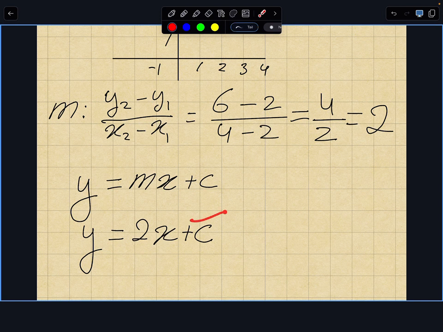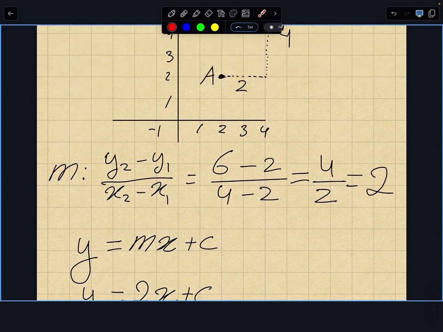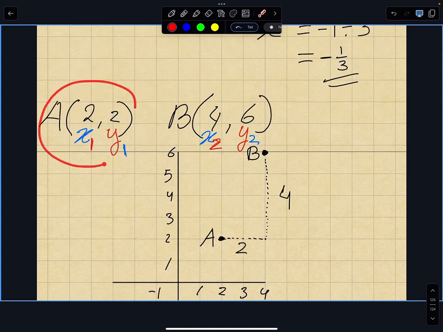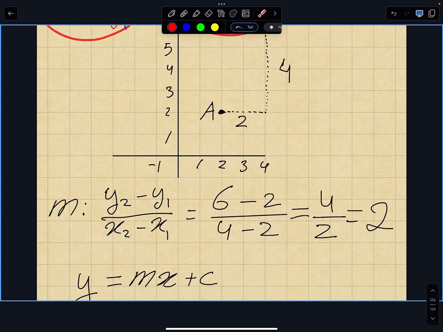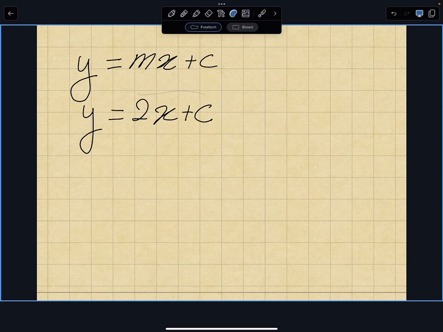Teacher, I'm still missing the c. You are correct. So we are going to find it. How are you going to find it? By placing one of the two coordinates in the equation. And there's a very specific way of writing it.